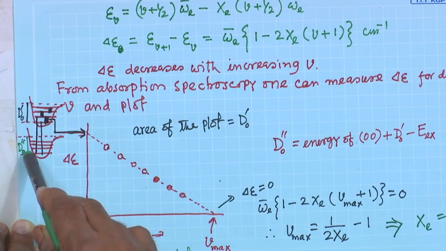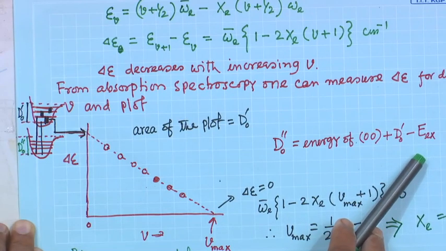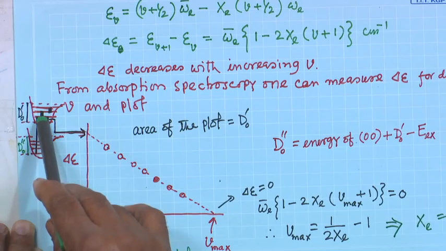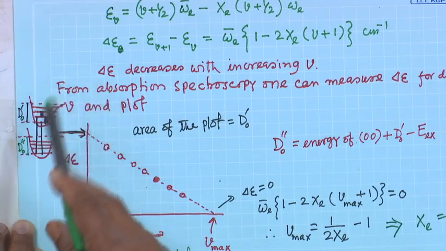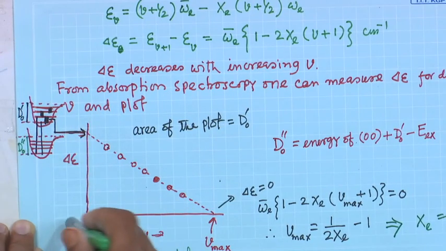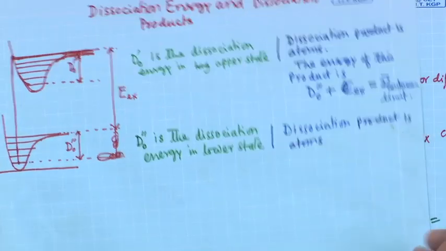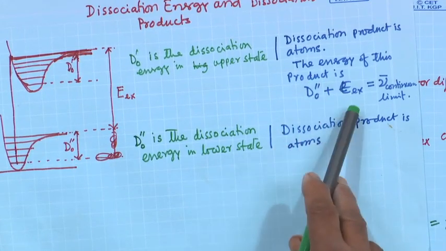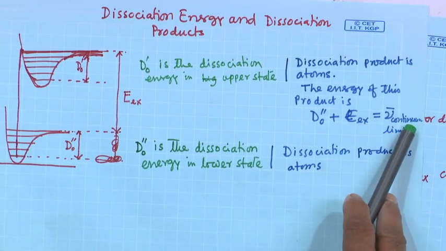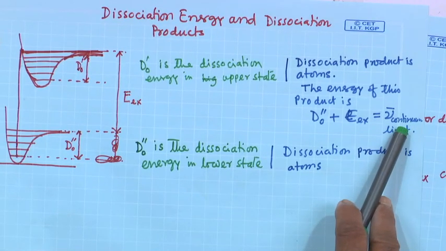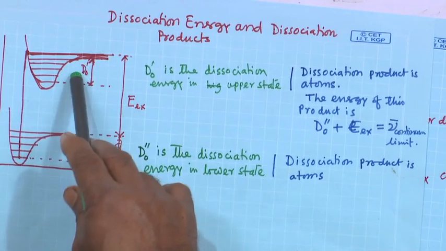Plus D0 double dash, that will be the E excited. No, I think this plus D0 dash will be equal to D0 double dash plus E excited. That is equal to V continuum.